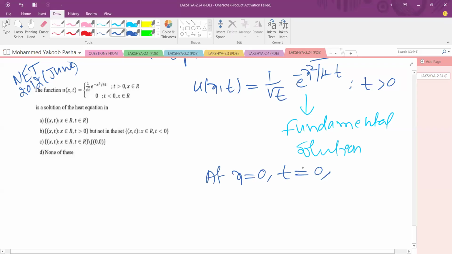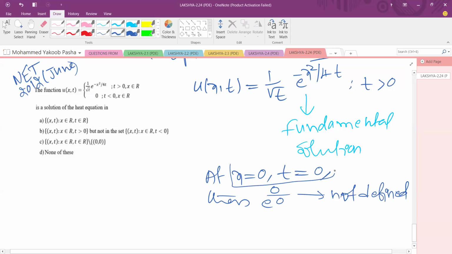What happens to the function? u of x comma t, what is the e to the power of minus x square by 4t value? The numerator e to the power of minus x square by 4t is 0, and the denominator is also 0. So it is not defined. Not defined means the solution is not defined at x is equal to 0 and t is equal to 0.